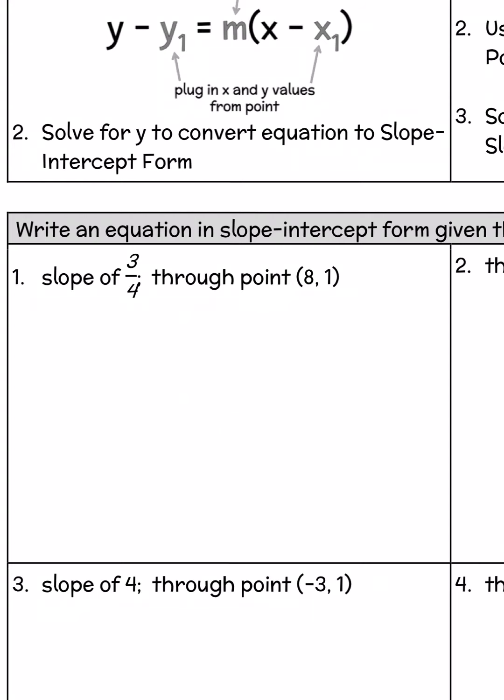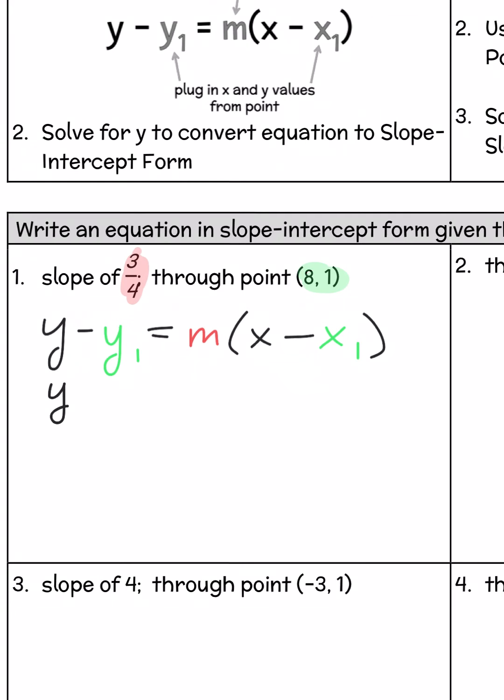So my first equation is y minus y1 equal to m times x minus x1. So my slope is this 3/4, that's in red, and then my point is (8, 1).